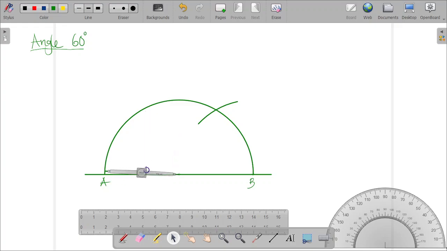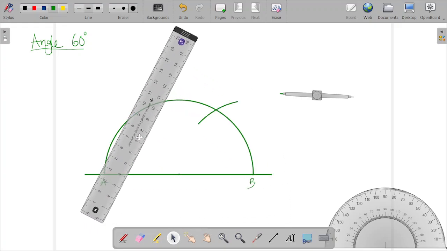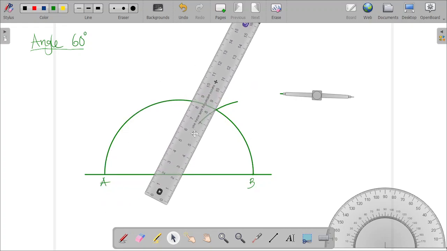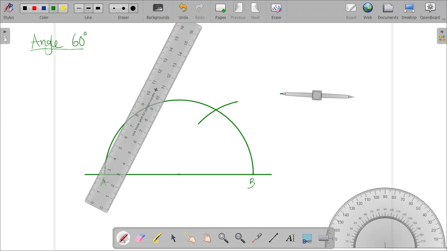So now I'm going to take my ruler and draw a line that joins the point of intersection where my arc cuts the semicircle, this point here. So I'm going to join that point to the center of that semicircle. Just like this.